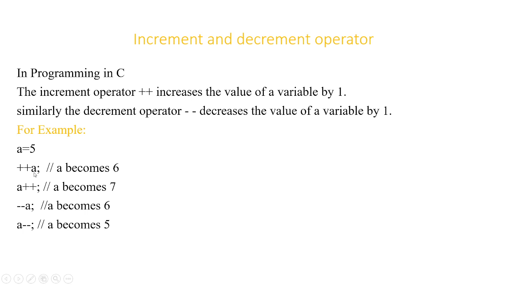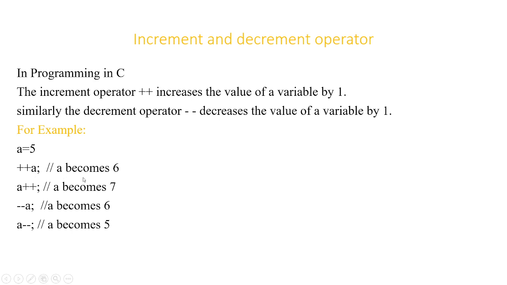So plus plus can be placed before a and plus plus can be placed after a. If it is placed before a, then we call it the pre-increment operator. After a, if you use plus plus, then we call it the post-increment operator. Let me explain how it works. Plus plus a means a becomes 6, as a was 5.